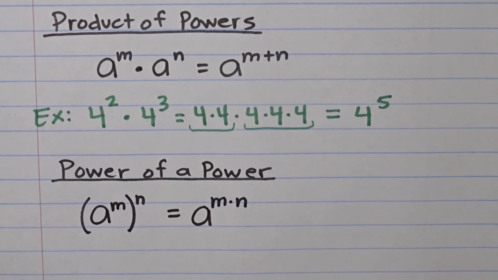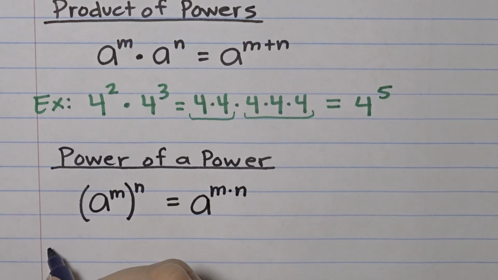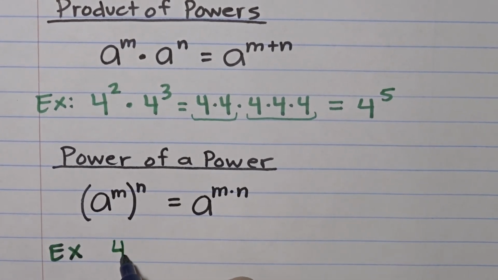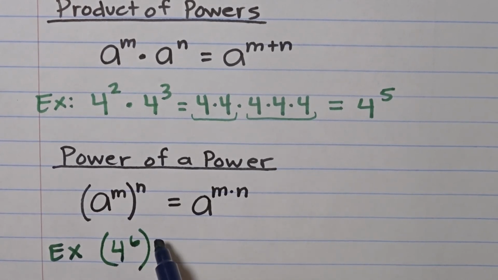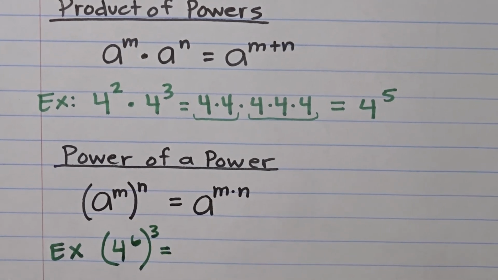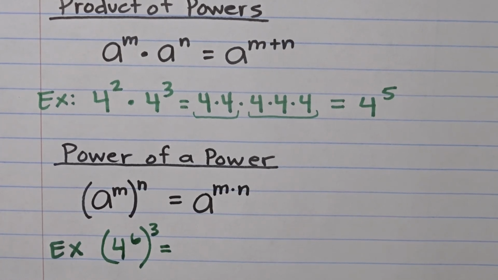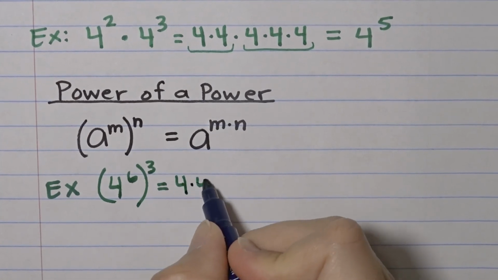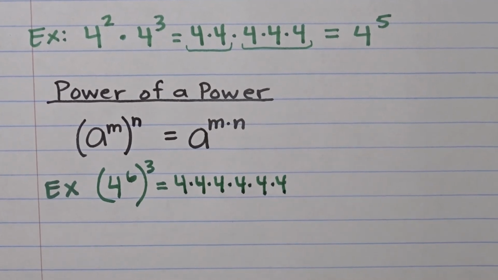Now again, let me show you why that works. An example of this would look like this. Say we have 4 to the 6th power, and then again raised to the 3rd power. What that means is I'm repeatedly multiplying 4 six times. So I have 1, 2, 3, 4, 5, 6.